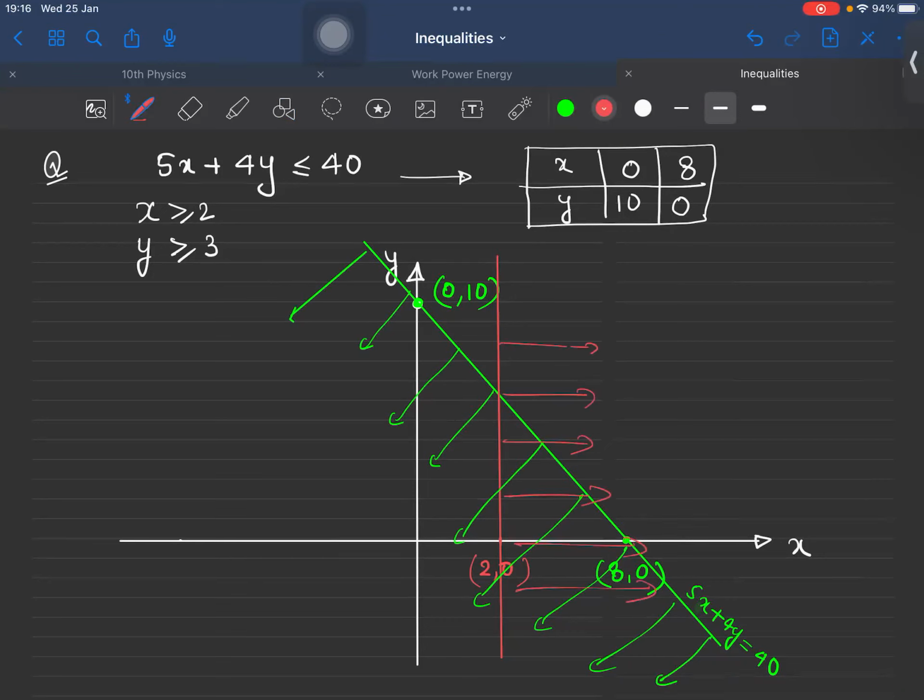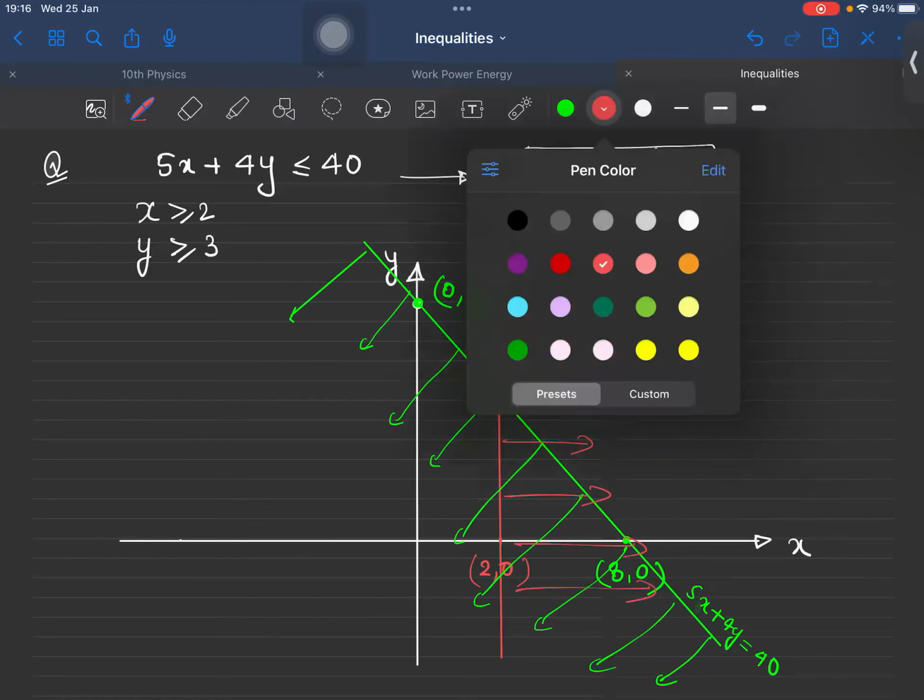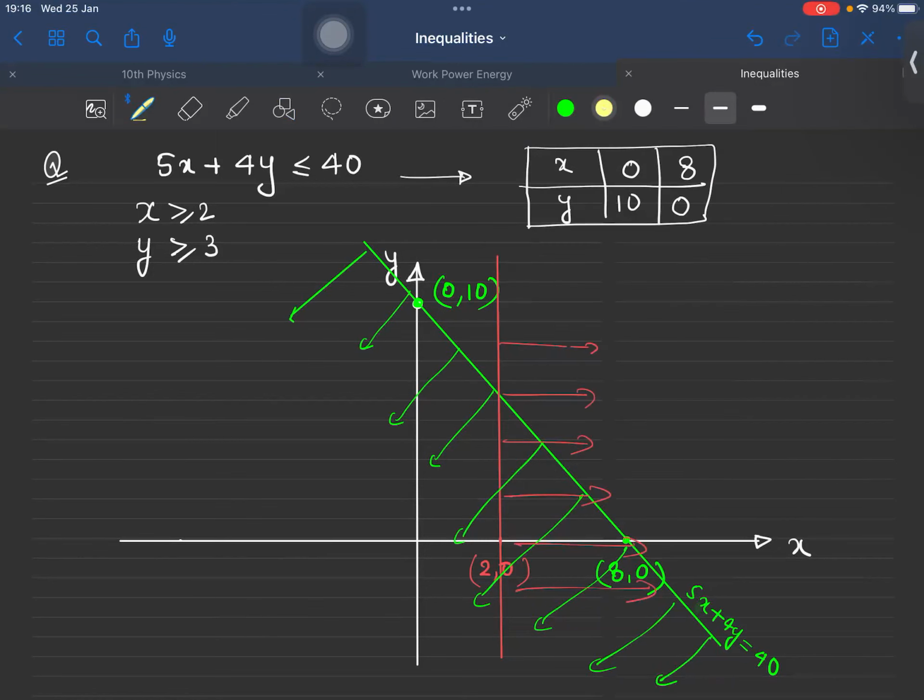Now for the third one, let's use yellow. The third one is y should be greater than or equal to 3. Let's say y is equal to 3 here, so 0, 3. Let's draw a straight line here and extend it.